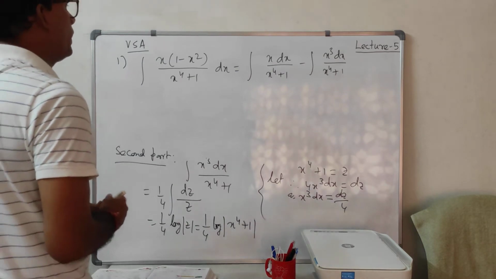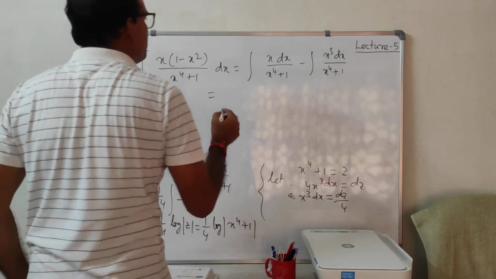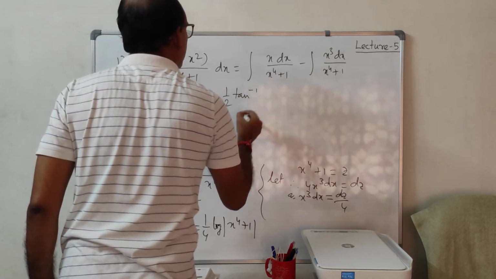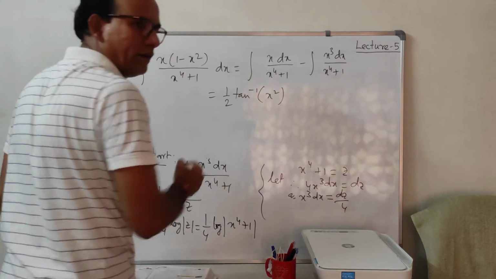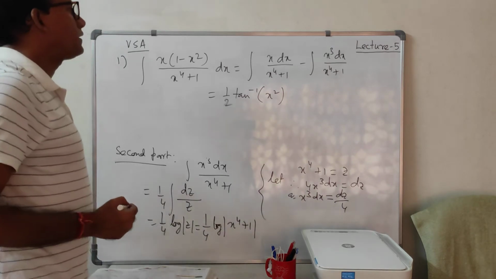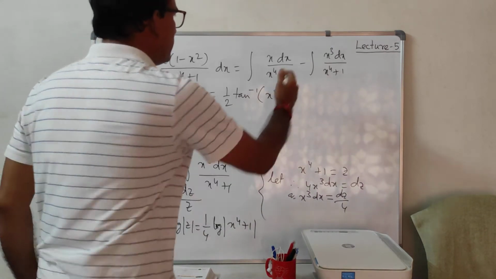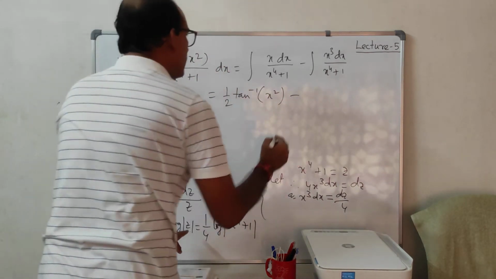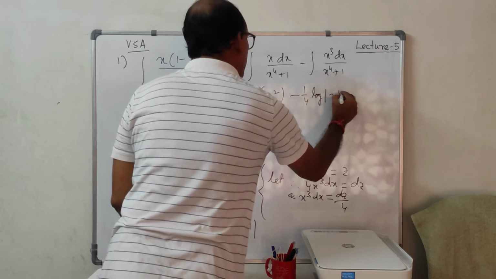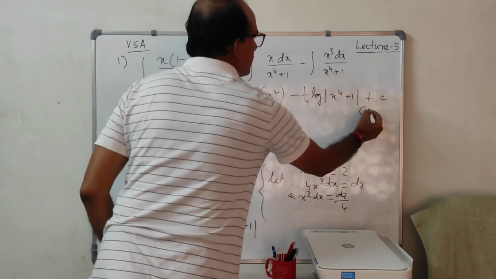The result was half tan inverse of x square, I think. The result was half tan inverse of x square, and this is 1 by 4 log mod x to the power 4 plus 1. At the end, I just put the constant of integration.